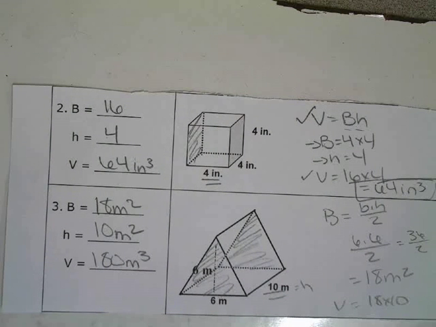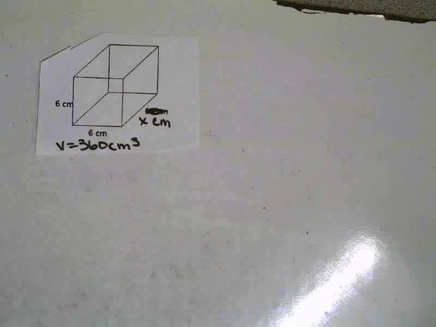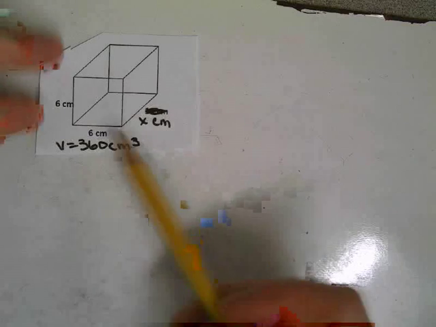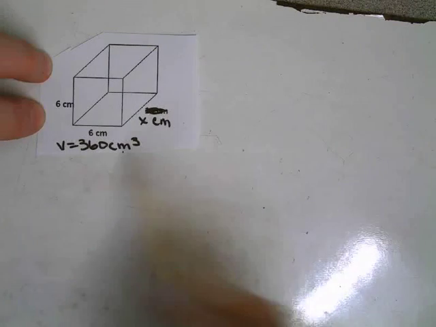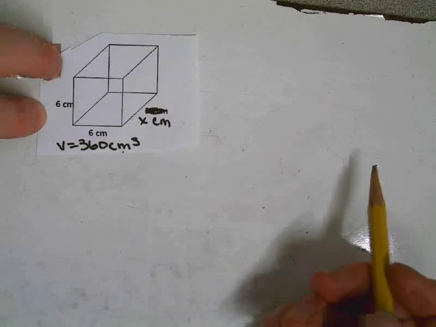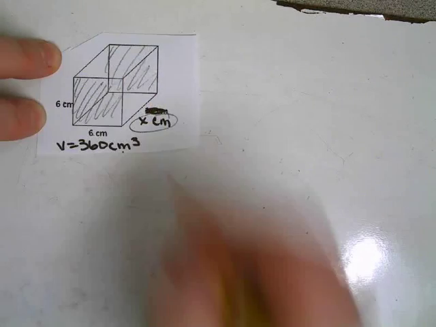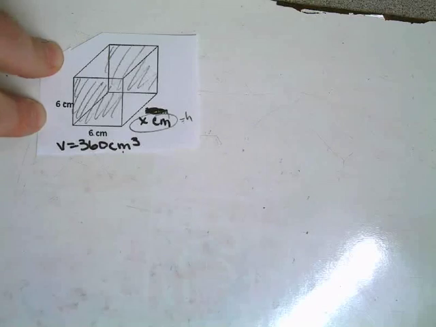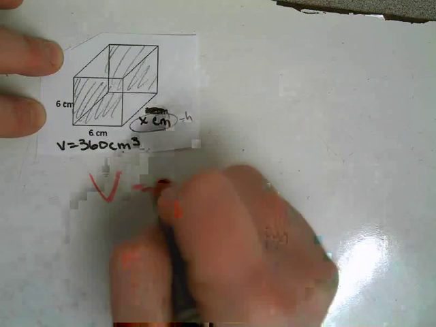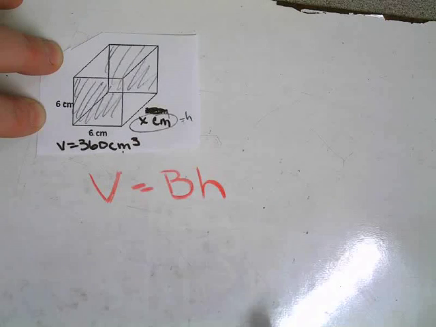In addition to being able to find the volume of a figure, we also need to be able to find the missing side of the figure if we're given the volume. So in this situation here, I've got a box, a rectangular prism. It has a volume of 360 cubic centimeters, and it has a base that's 6 by 6. I'm going to shade the bases, and I'm solving for the height. So volume equals base times height.